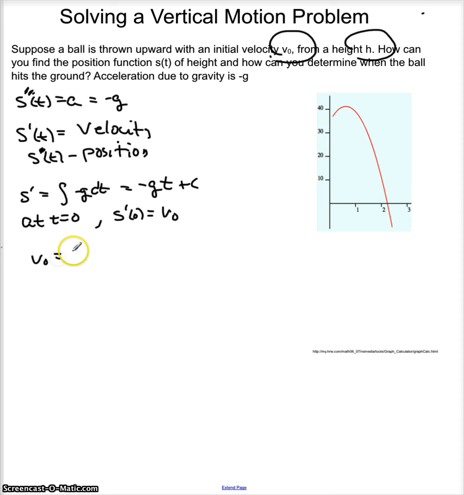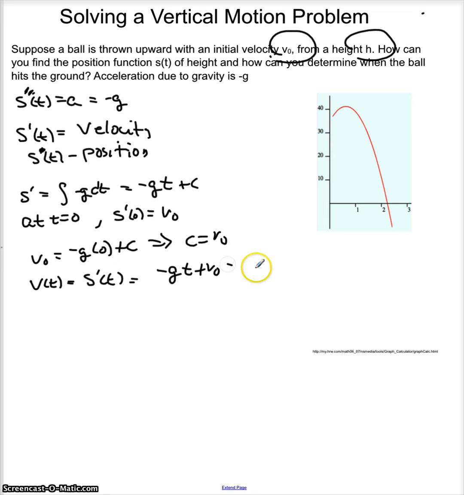V naught is minus g times 0 plus c. So that tells me my constant is v naught. So my velocity function, which I'm calling s prime, is minus gt plus v naught. Now you probably memorized v naught minus gt.